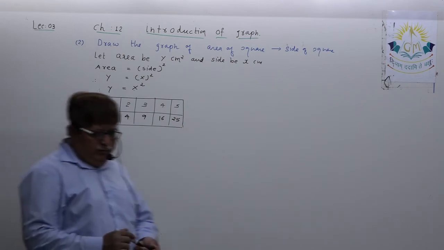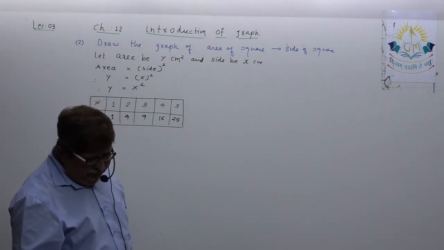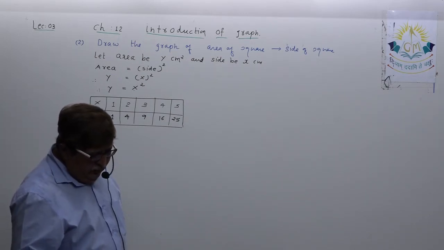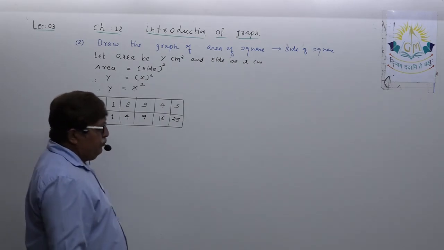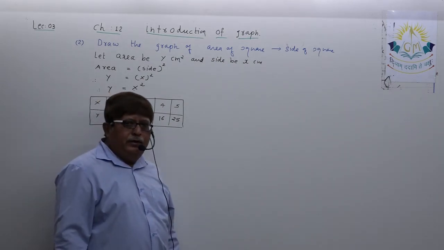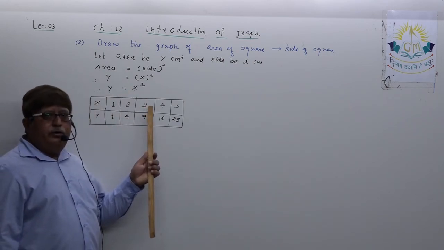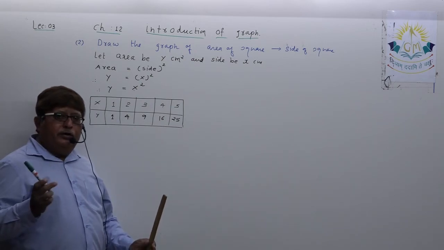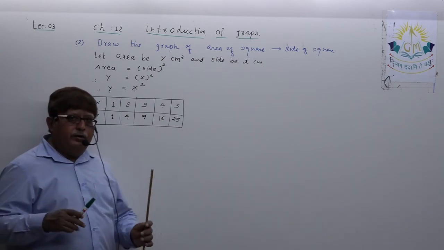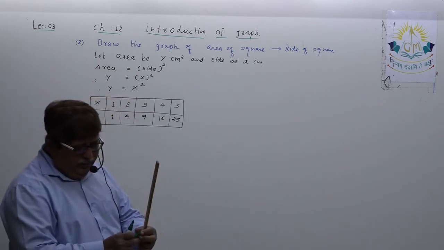Now, dear student, after taking these values, I want to clarify that topic. I told you that because I am taking only the positive values of the variable, I do not need the second, third, and fourth quadrant. So, what factor will help me here?